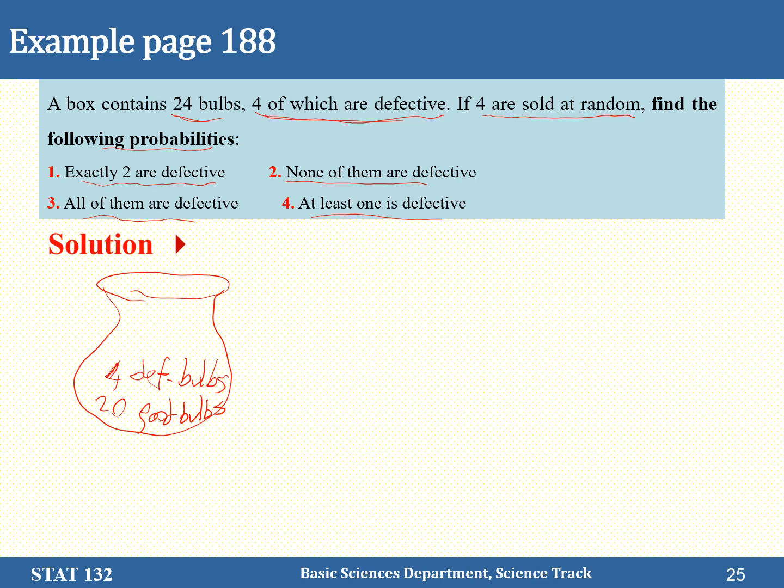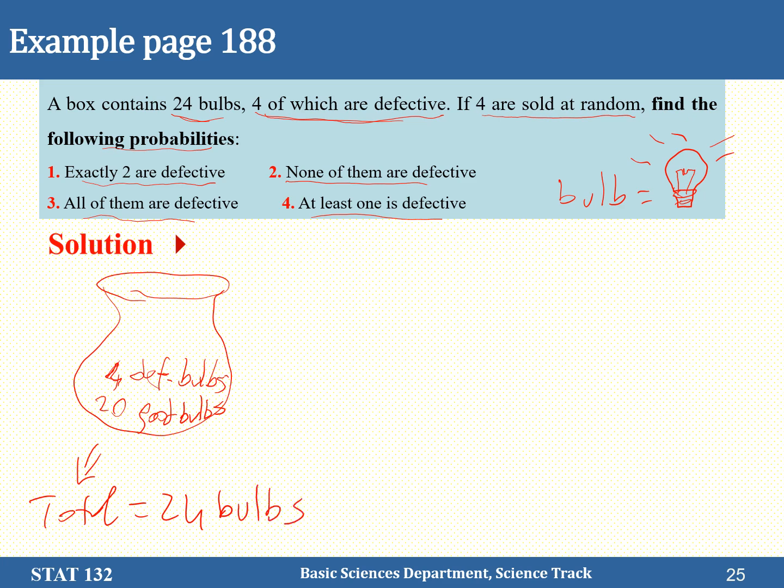Anyway, its total is 24 bulbs. Now we choose, or we sell, 4 of them. So you can say here 4 chosen or sold.